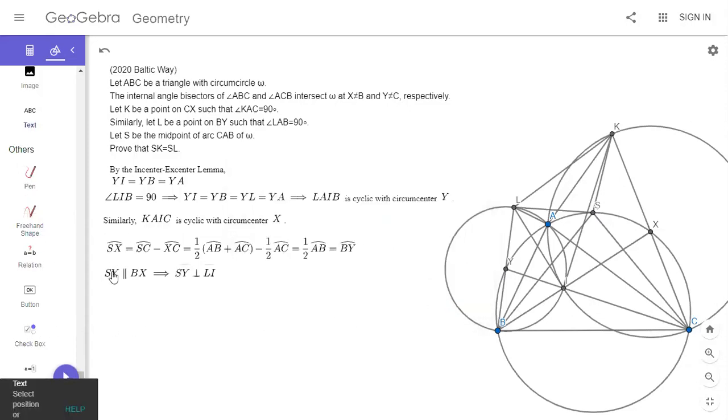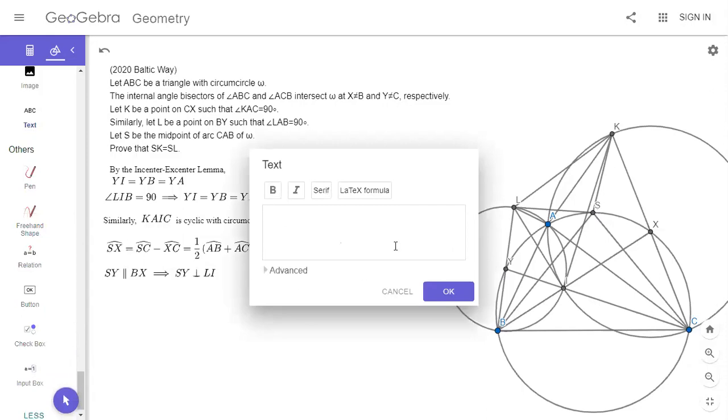And then, since LY equals YB, SY is the perpendicular bisector of LI.